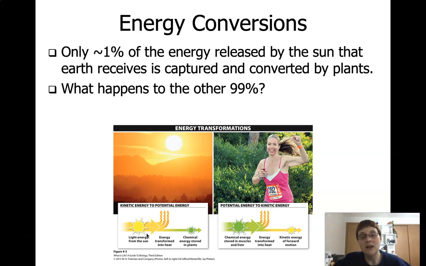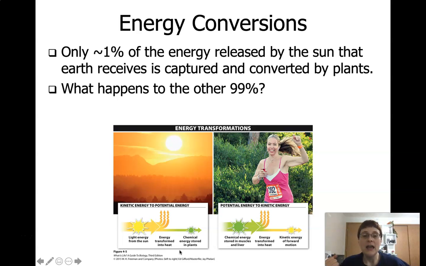So not all the energy makes it to the planet, but the energy that does make it to the planet, a lot of it is going to get absorbed by the water, the soil, and so forth, and turned into heat. If it doesn't get absorbed, it gets reflected as heat. This is actually what helps warm our planet up.